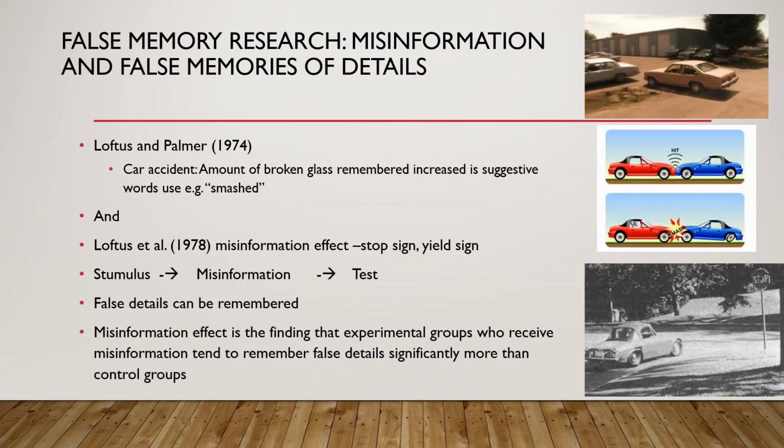Now, this is called the misinformation effect, and the misinformation effect, more precisely, is the finding that the experimental groups who receive misinformation tend to remember more false details, statistically significantly higher than control groups do.